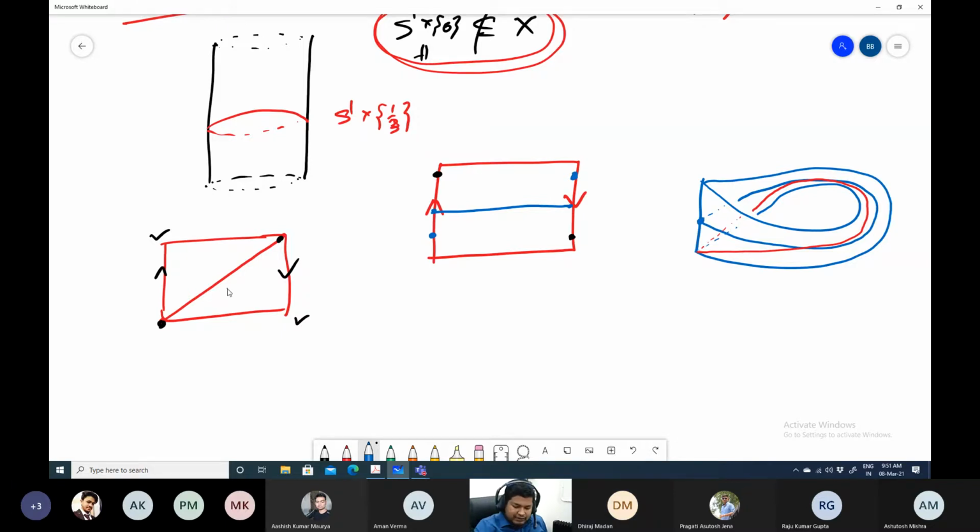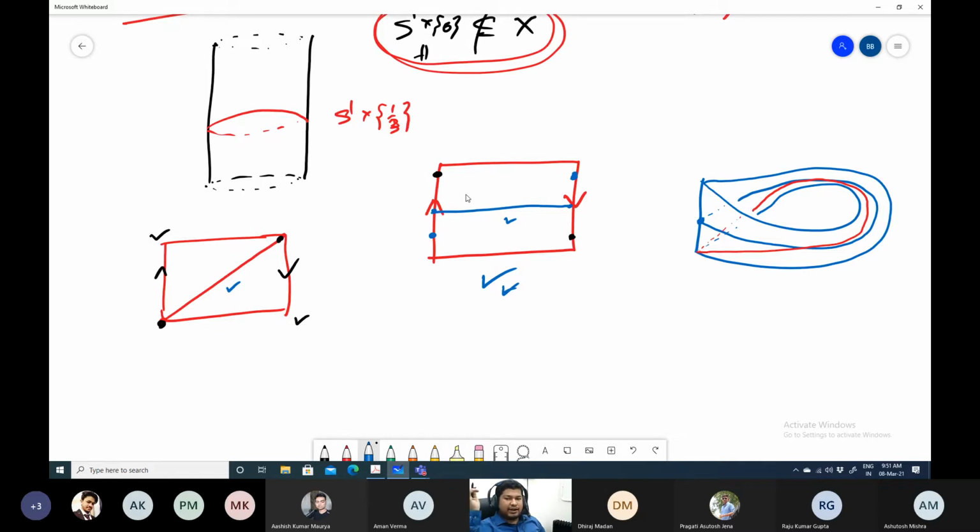Okay. Now you know that this is a deformation retract. Can you define a map for this one? Why is this a deformation retract? Because this is not just a sheet, right? We have some identification on the sheet as well.